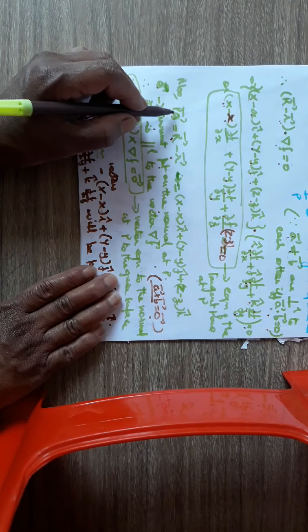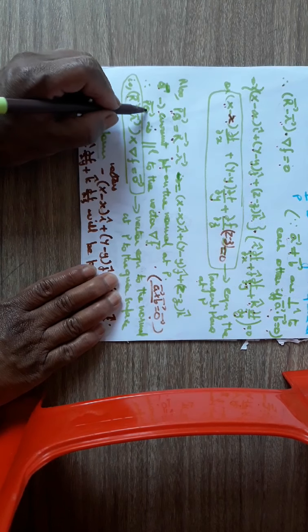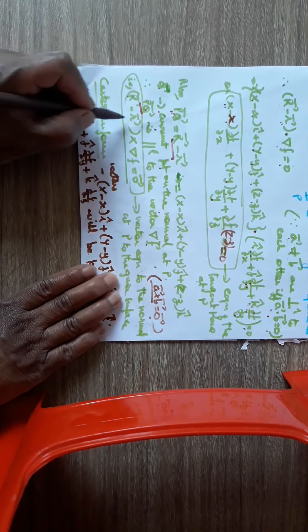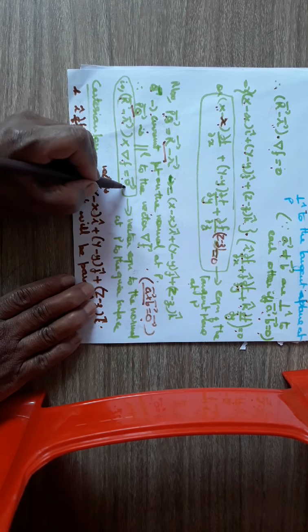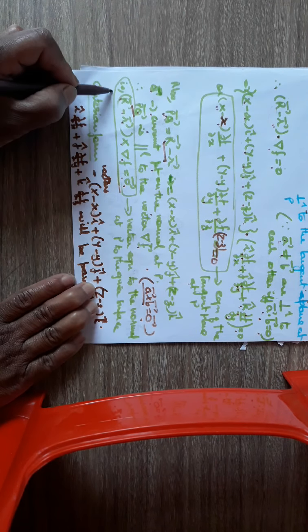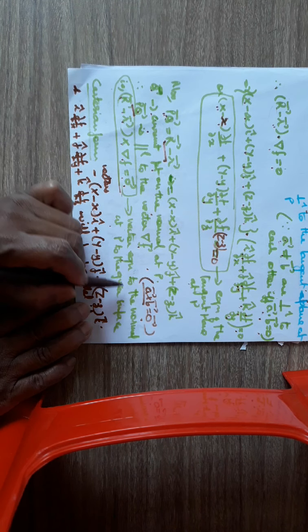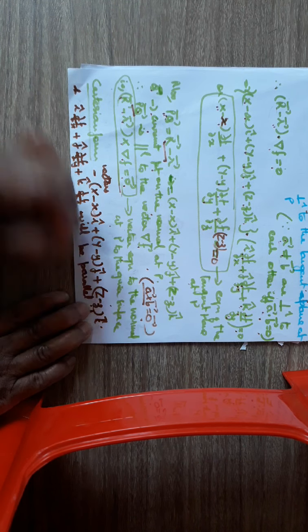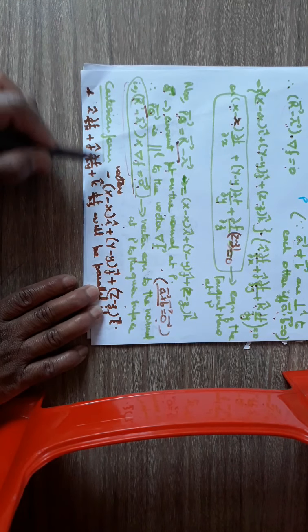So this PQ bar is parallel to the gradient of f. It means that (R bar - r bar) cross del f must be equal to the zero vector, and this is nothing but the vector equation of the normal at P to the given surface. Now convert this same equation to Cartesian form.